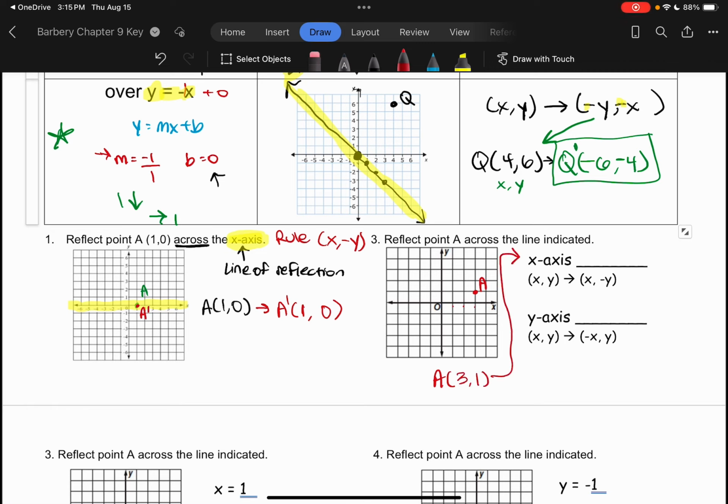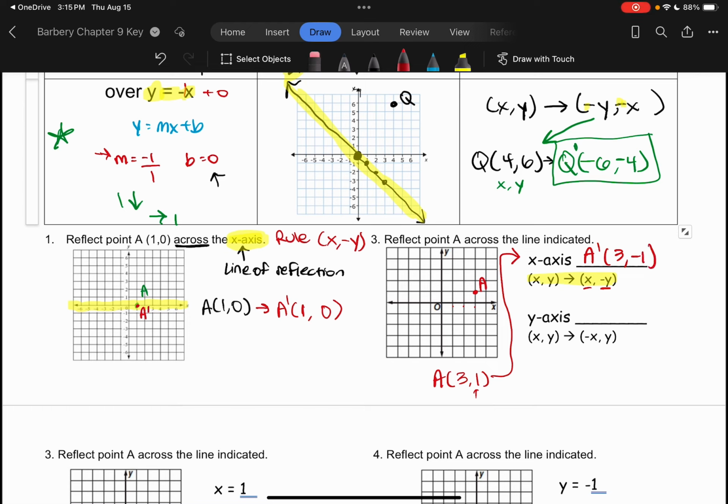If I want to reflect over the x-axis, they wrote the rule down here for you. Keep the x the same and change the sign of the y. So in this case here, A prime would be 3, comma, now change the sign of the y, so instead of +1, -1.